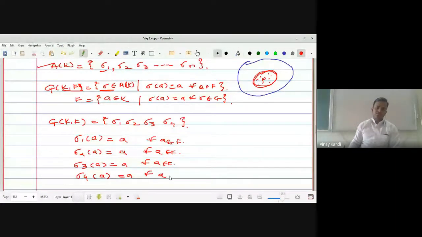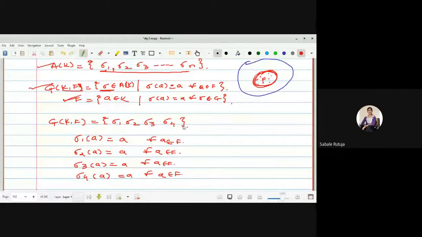Whoever fixes F will belong to this. Is it correct? And what was the fixed field? For every sigma, whichever element is fixed will come in F. For each and every sigma, if a is fixed, then a is an element of this F. So F is the collection of those elements from K which are fixed by all the sigmas from G. Any doubt?